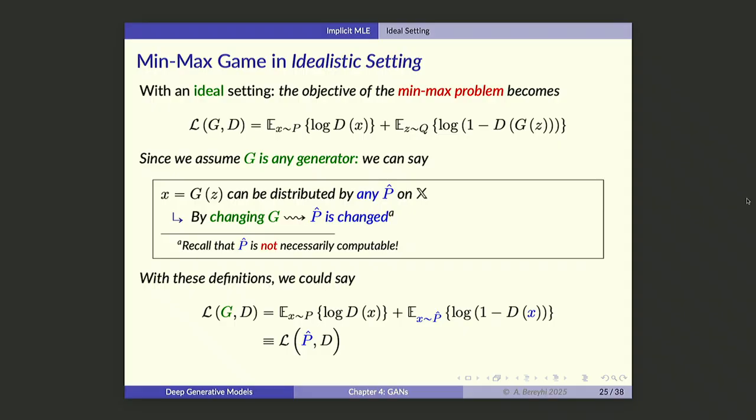It exists, you just don't have access to it. And essentially, we don't need to have access to it, we're going to see that. The only way that we can play with P hat right now is to play with G. I'm going to change my generator, then the distribution is going to change. And I want to play with this G in a way that the output distribution is exactly my data distribution. This is what I'm looking for.